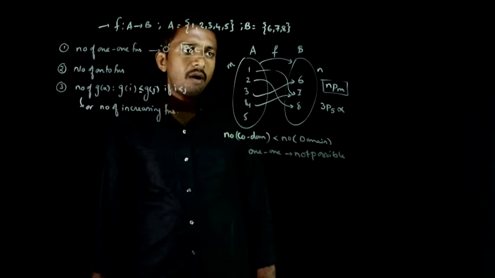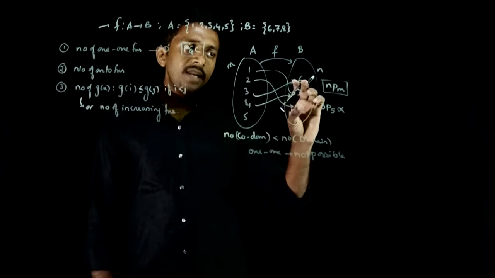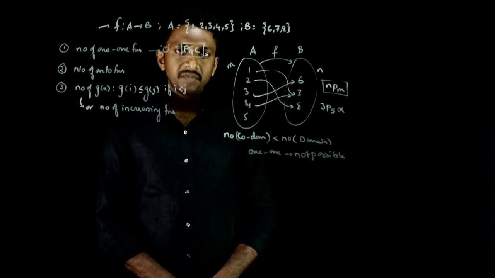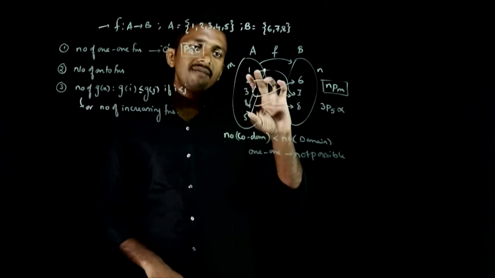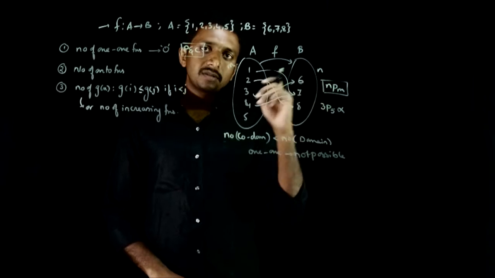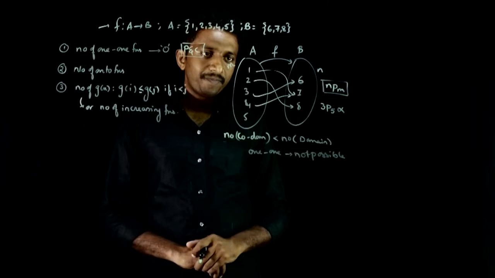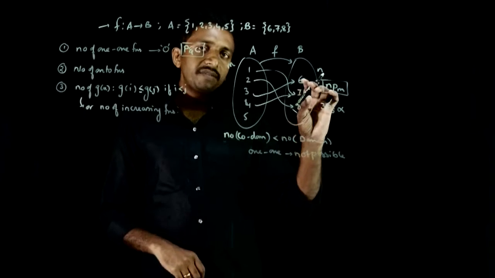Next, let us look at onto functions. So onto functions में क्या होना चाहिए? None of the elements in the codomain have to be left out. This is similar to something like this. I have to distribute 5 sweets among 3 students such that no student is empty-handed. So is the question same? 5 different sweets, 3 different students.